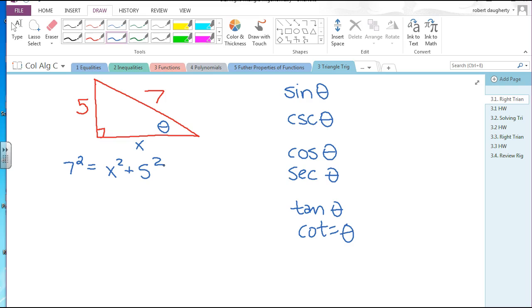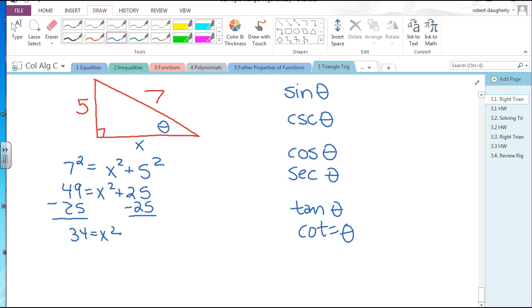So the Pythagorean theorem here is 7 squared, the hypotenuse, is equal to the sum of the squares of the two legs. So 49 is equal to x squared plus 25. If I subtract 25 from both sides, I get 24 is equal to x squared.